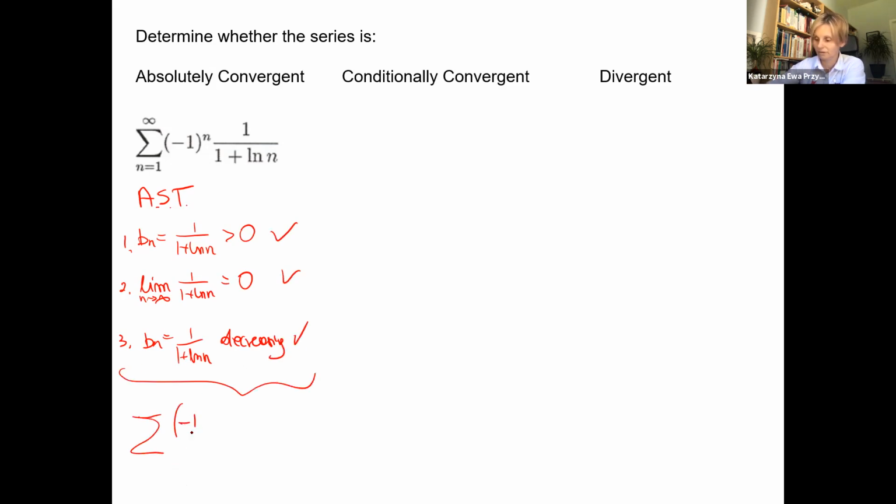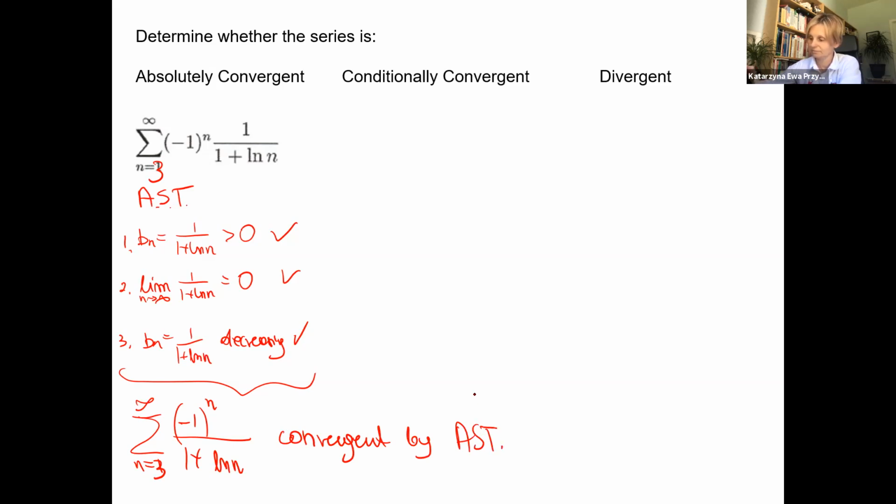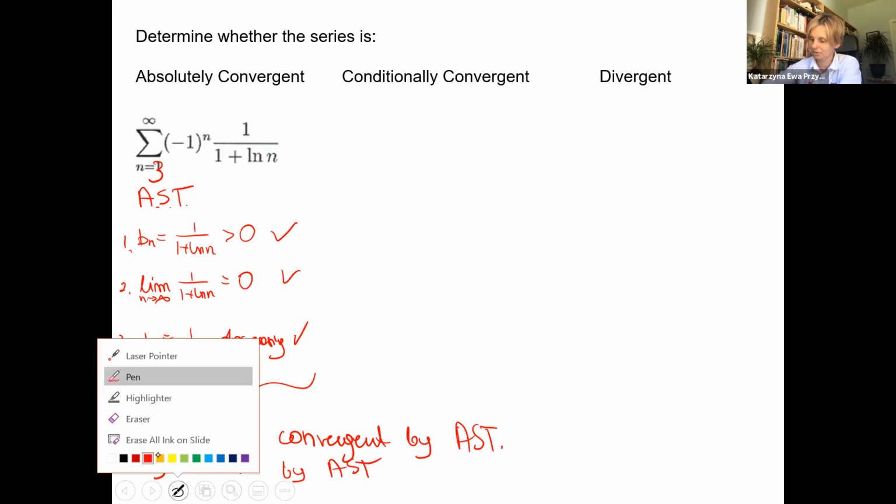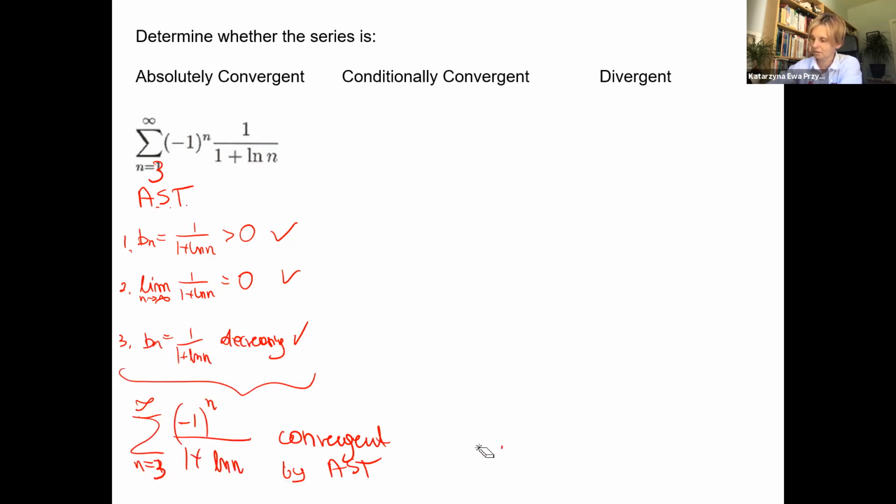The infinite series is convergent by AST. Okay, we're good with this. It is convergent by AST, convergent as the original formula. Divergence is not the case again.